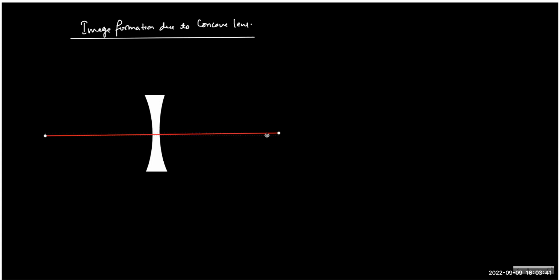We have just two cases. And how will the F look here? If you remember, a light ray coming parallel to the principal axis after refraction will diverge. F will be on the left side and F dash on the right. So this is basically F.